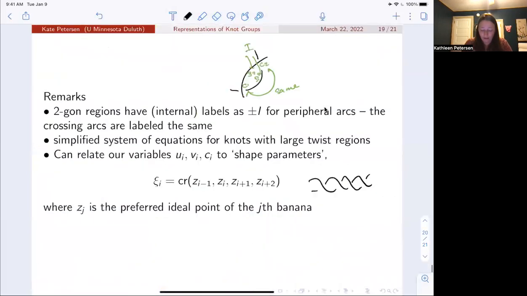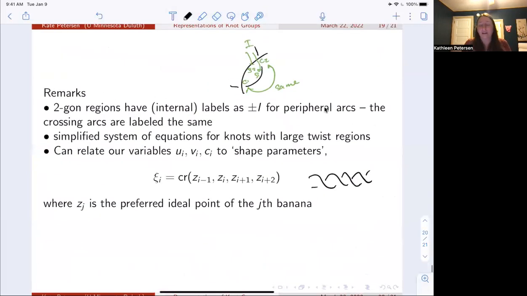So if you're labeling consecutive pieces of consecutive edges, then you can relate the U's and V's from the peripheral and the C's from the crossing to shape parameters. So I'm going to make an attempt to draw what I mean.